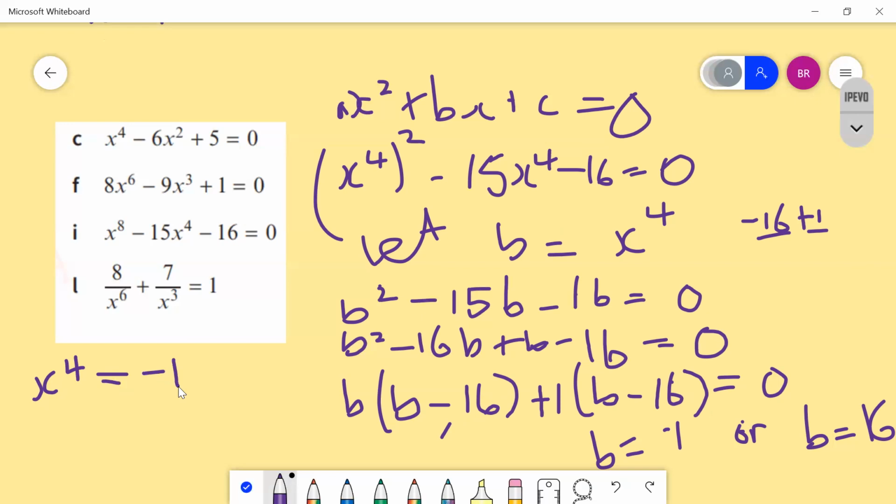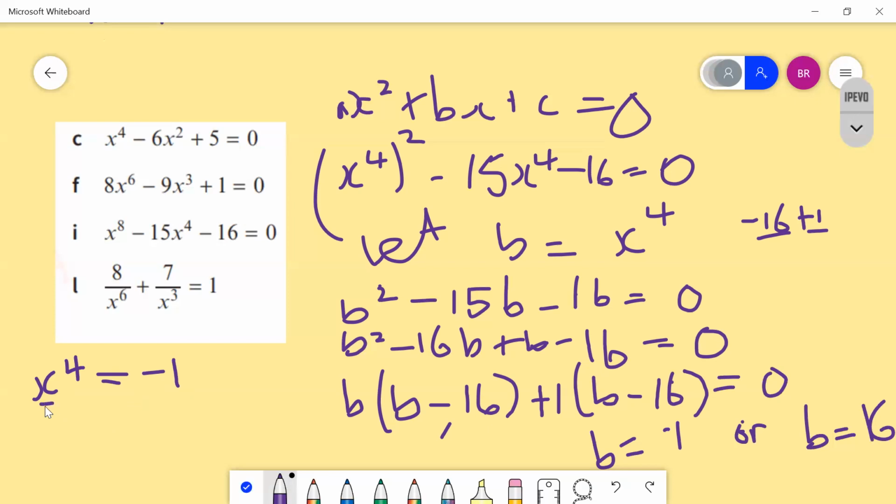If you say minus 1 multiplied by minus 1, you get plus 1. Plus 1 multiplied by minus 1, you get a minus 1. If you say minus 1 multiplied by another one, you get positive 1. Right, let's look at this one. x to the power of 4 is equal to minus 1.